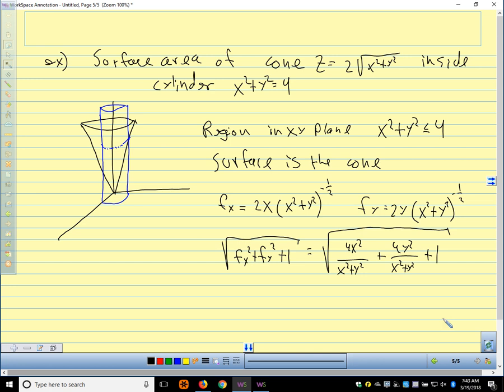Do we see how this simplifies? We have a common denominator. You can factor out 4. So when we have our common denominator, we get x squared plus y squared over x squared plus y squared. Well, how many x squared plus y squared does that give us in the numerator? 4x squared, 4y squared plus x squared plus y squared. 5 times x squared plus y squared.